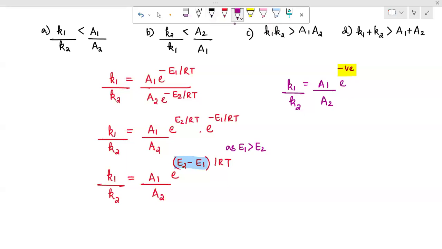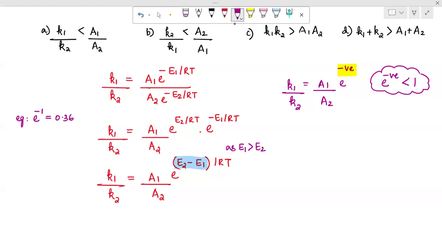The thing that you should know is that e raised to a negative number will always be less than 1. For example, just for your understanding, if I put e to the power minus 1, the value that I'm getting is 0.36.